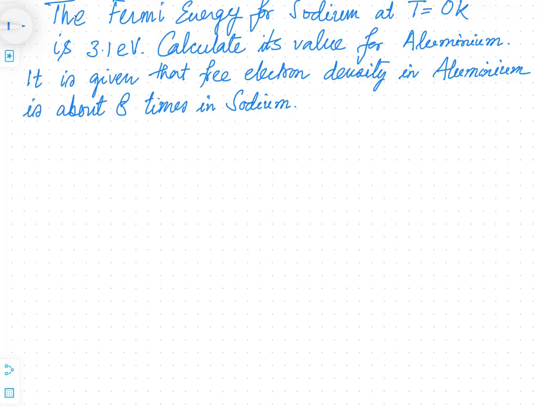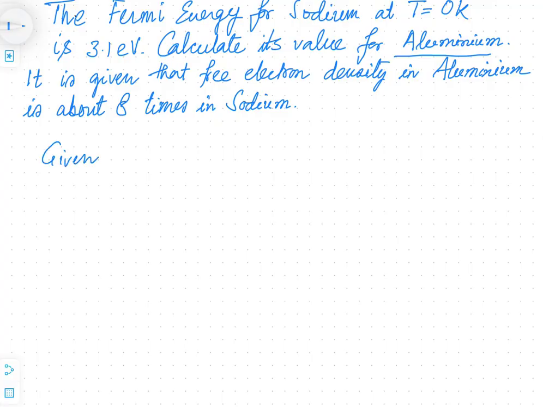So first we have to understand what we have to evaluate or compute and which theory or formula is required for this problem. So we have to calculate the Fermi energy for aluminium. So first, what is given? Let us write.